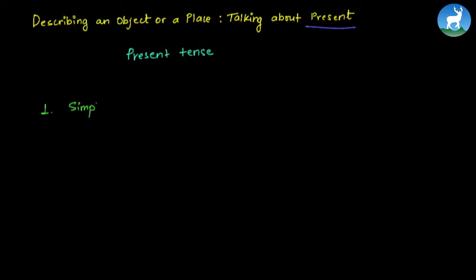We use simple present tense to talk about actions that can be a hobby, habit, or a daily event, etc. Basically, we use simple present tense to talk about something happening regularly in the present.